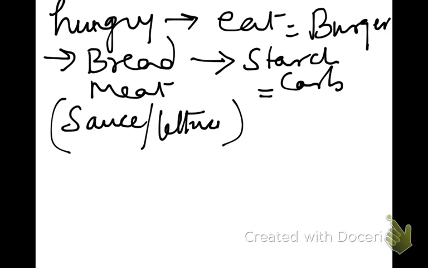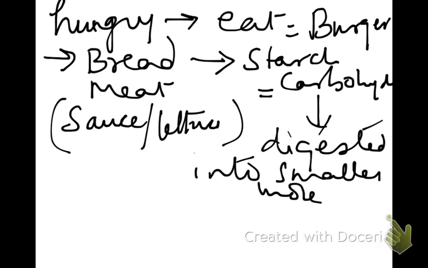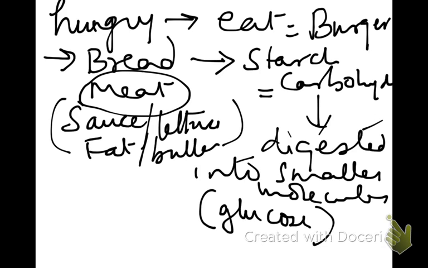This carbohydrate gets digested into smaller molecules. The best unit that is taken in easily by the cell is glucose. So you might ask, how is meat going to get into it? How is any fat or butter going to get into it?